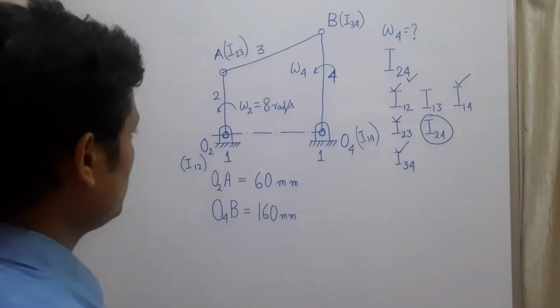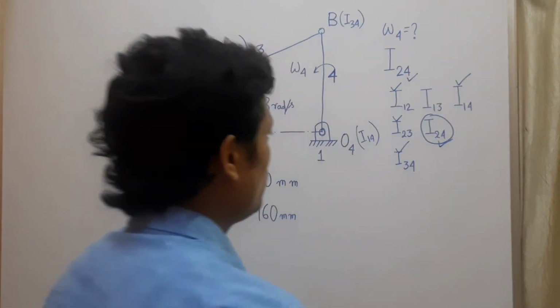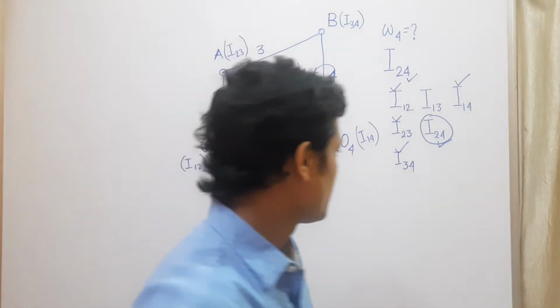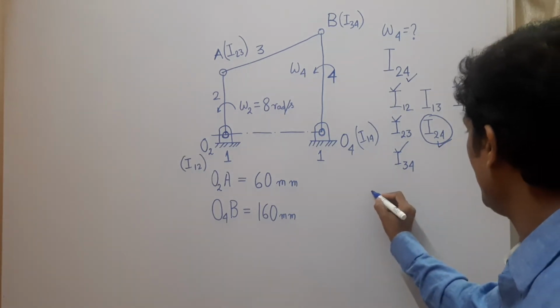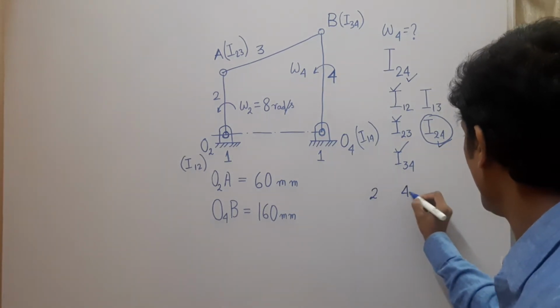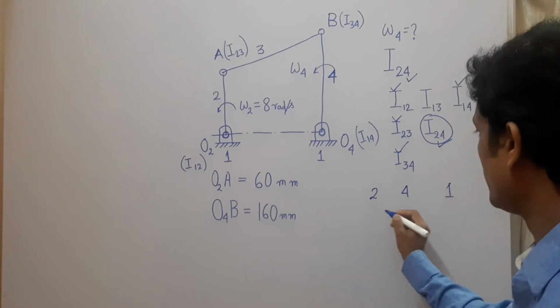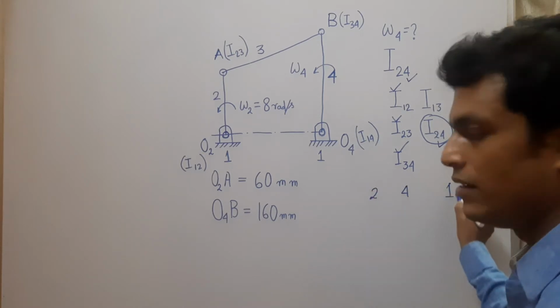How can we locate this? To locate I24, we will apply Kennedy's theorem of three centers. Because we want 2 and 4, we take 2 and 4 common. First we take links 2, 4 and 1. So 3 rigid bodies are in relative motion.